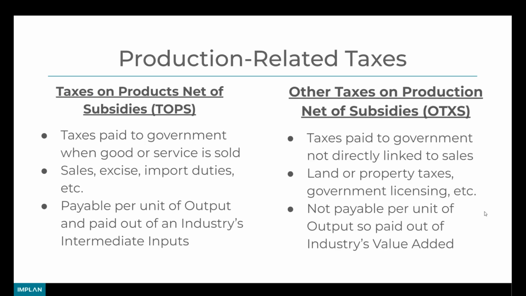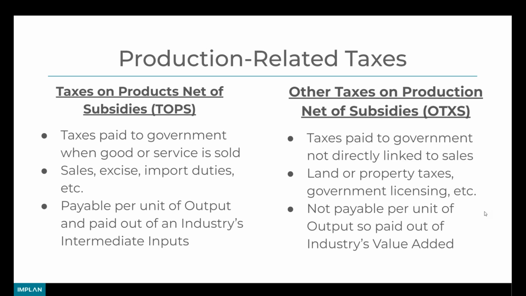One other difference between the producers' price framework and the basic price framework is that basic prices distinguish between taxes that are incurred directly related to production and sales and taxes that are incurred not related to production or sales. So on the one hand, we have taxes on products net of subsidies, otherwise known as TOPS.